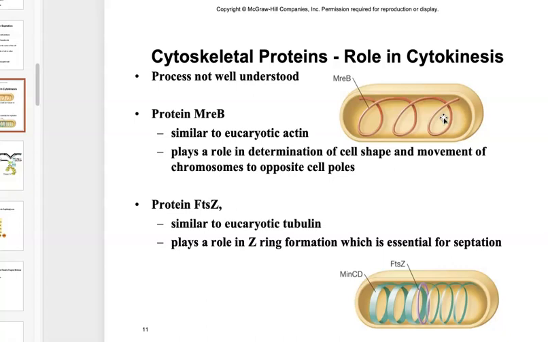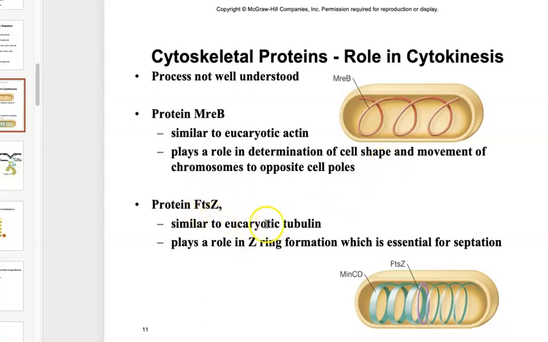But this process is also facilitated by the mesosome invagination, as I showed you. So some combination of those 2 events, MreB tracks and mesosome separation, both facilitate that faithful segregation of the chromosomes.